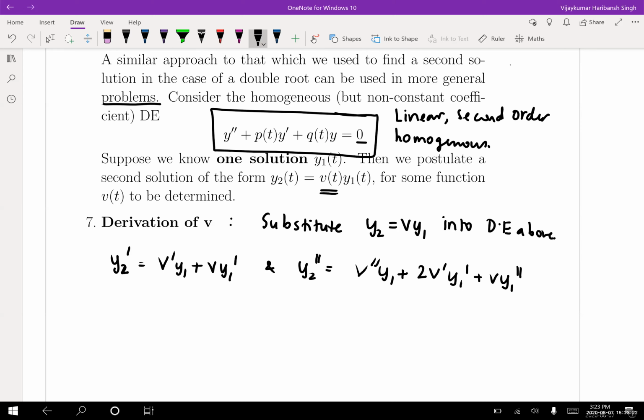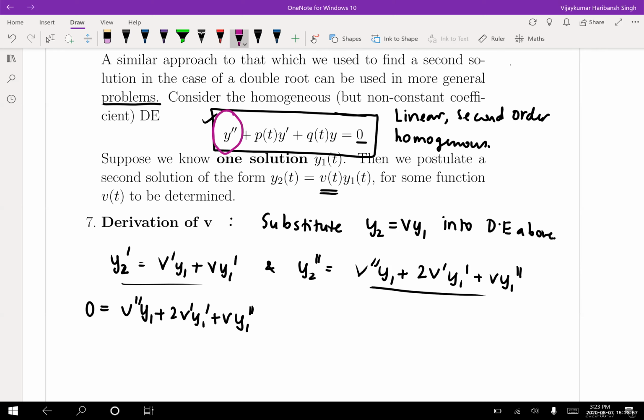So what do we get for our differential equation? 0 equals, substituting these into the differential equation, v double prime y1 plus 2 v prime y1 prime plus v y1 double prime. That's just the first part.